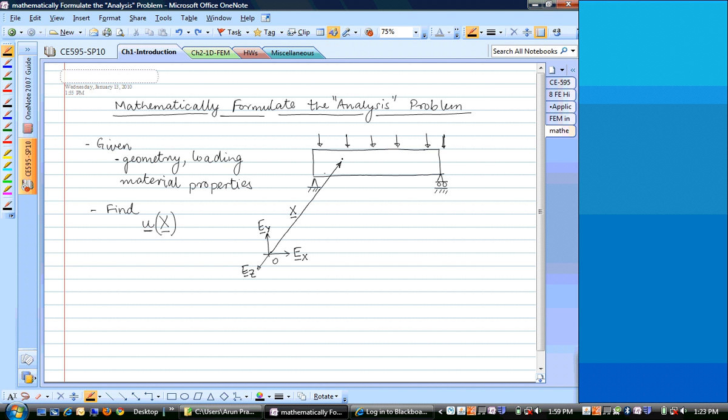Now I'm going to try to draw this beam after it has deformed, and I'm going to exaggerate that deformation quite a bit. So let's say the beam deforms and comes to this place.